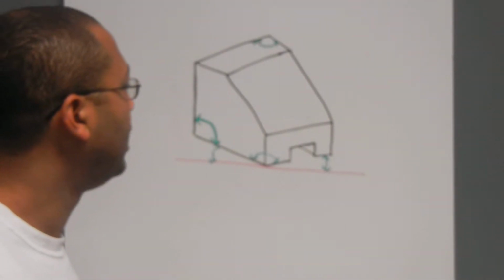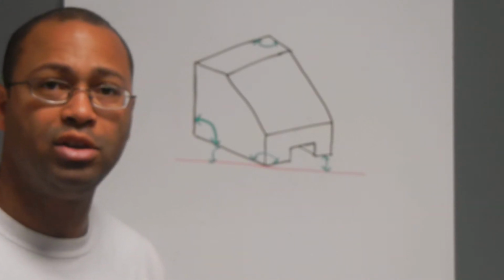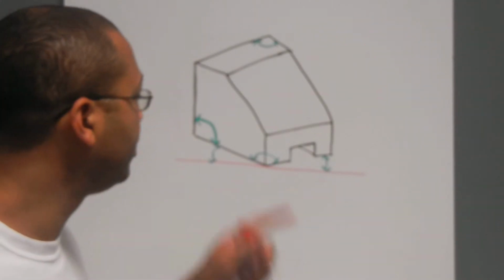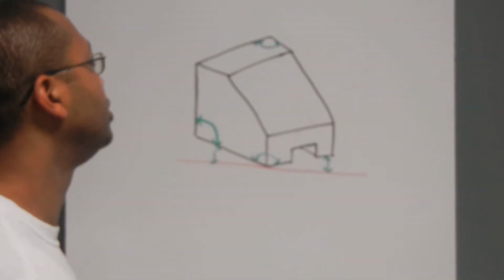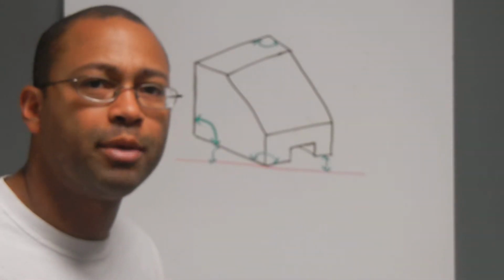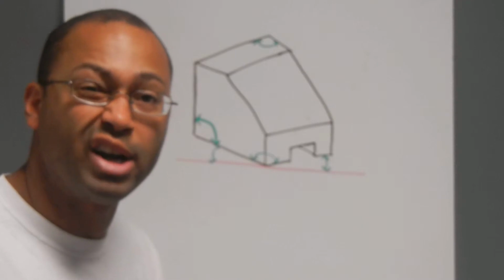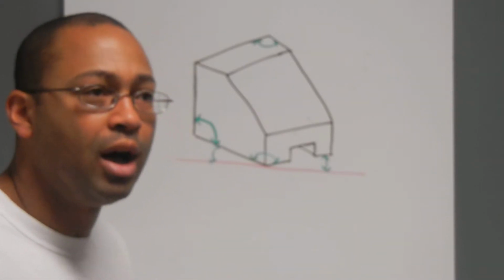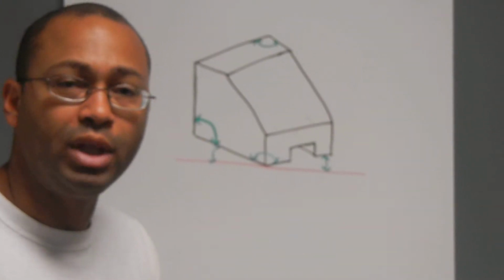Now, let's pretend that we had a circular object on this part right here, and we're going to drill a hole straight through it. Well, the first step in sketching a circle is to sketch a square, right? That's a previous note. What's the first step in sketching an isometric circle?